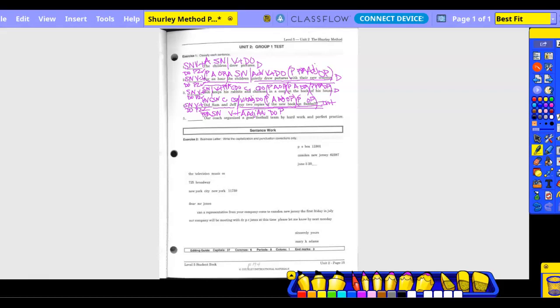There are 2 of them, guys. Work and practice, right? So compound object of the preposition. What kind of work? Adjective. What kind of practice? And, conjunction. Okay. By hard work and perfect practice. Prepositional phrase. Period.